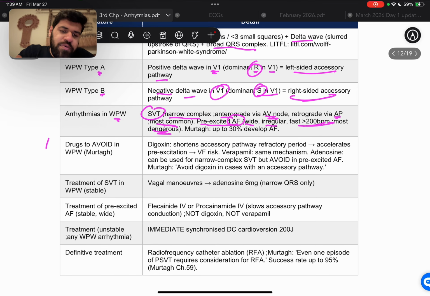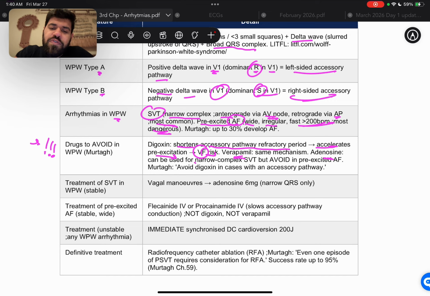Now, this is an important section: what drugs do we avoid in WPW? We have to avoid all rate altering drugs. So it could be digoxin. It's going to shorten the accessory pathway refractory period, leading to acceleration and pre-excitation. So we have a risk of VF. Verapamil, same mechanism.